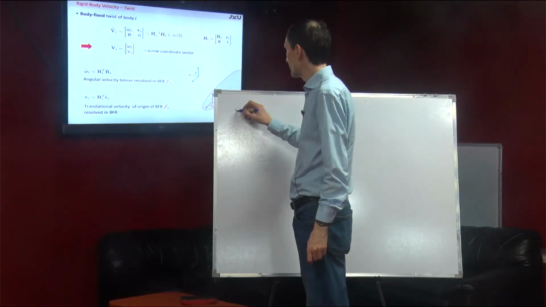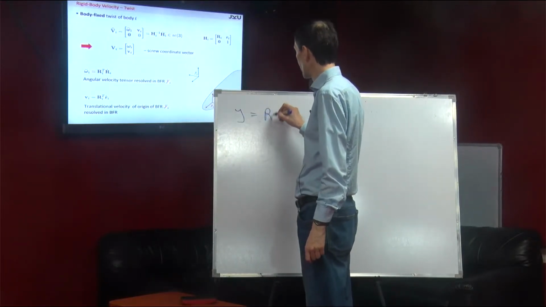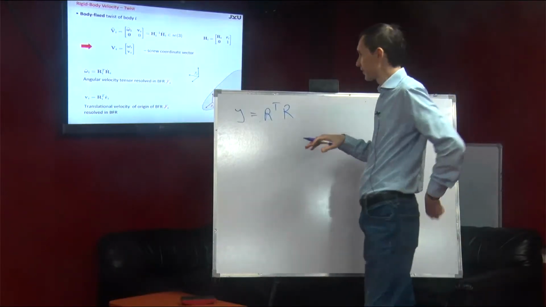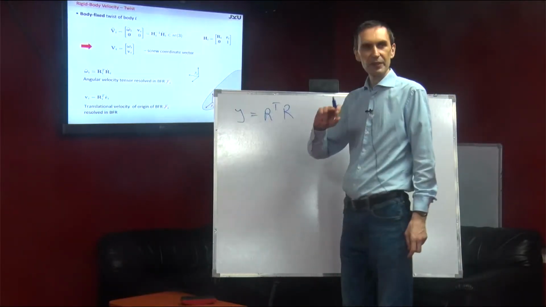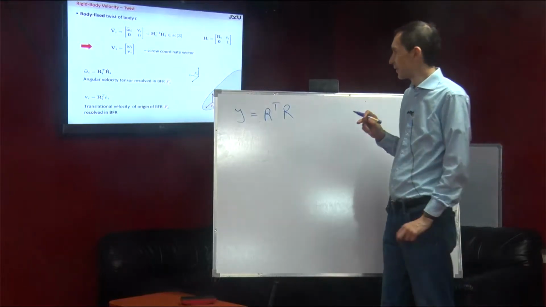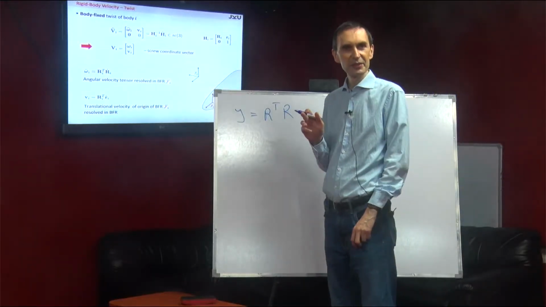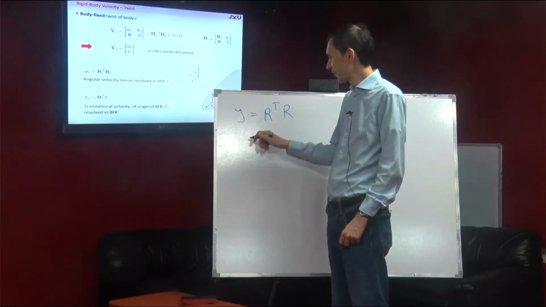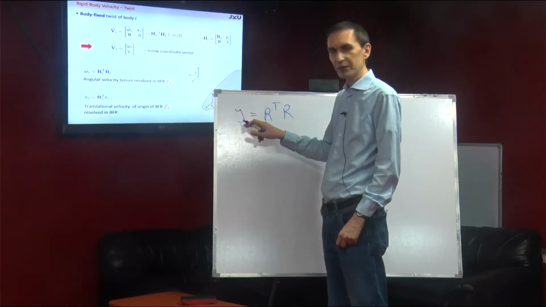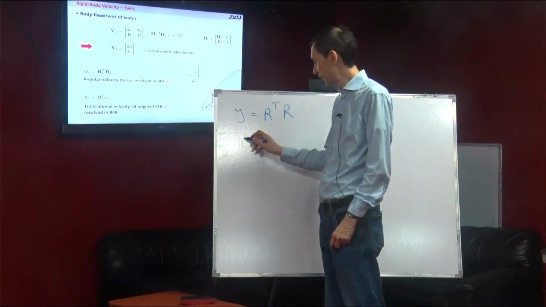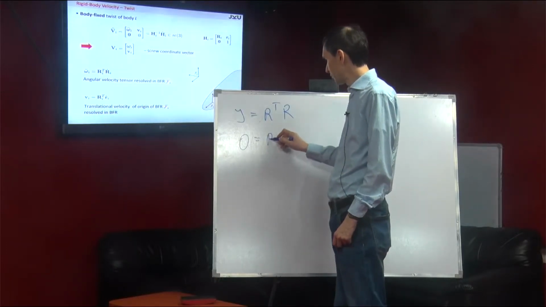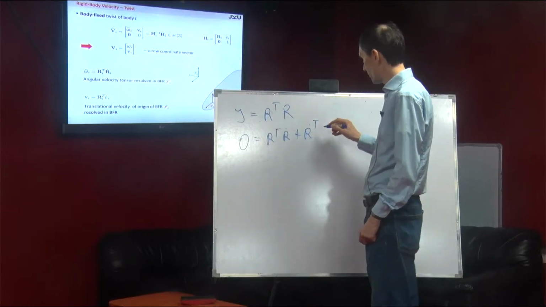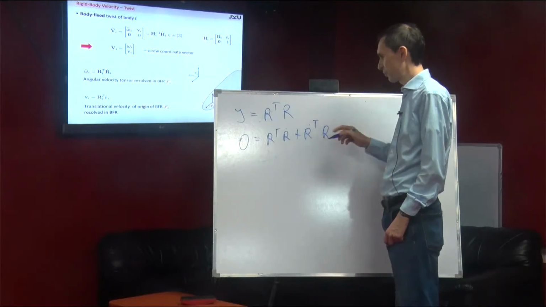What do we know? We know that the rotation matrix is an orthogonal matrix, right? So we know that R transpose times R is the identity matrix. And that's all I need to know. Then I know that the time derivative of this term is skew-symmetric. Because the time derivative of a constant matrix, the identity matrix, is 0, right? So R transposed R dot plus R dot transposed R is 0.